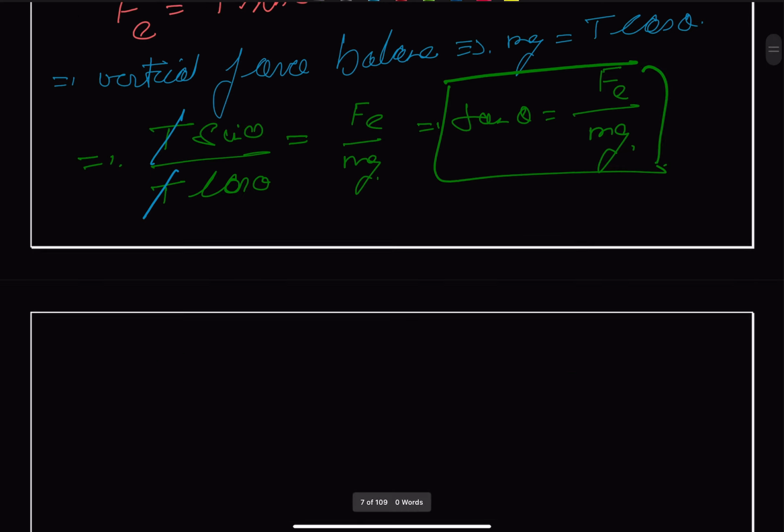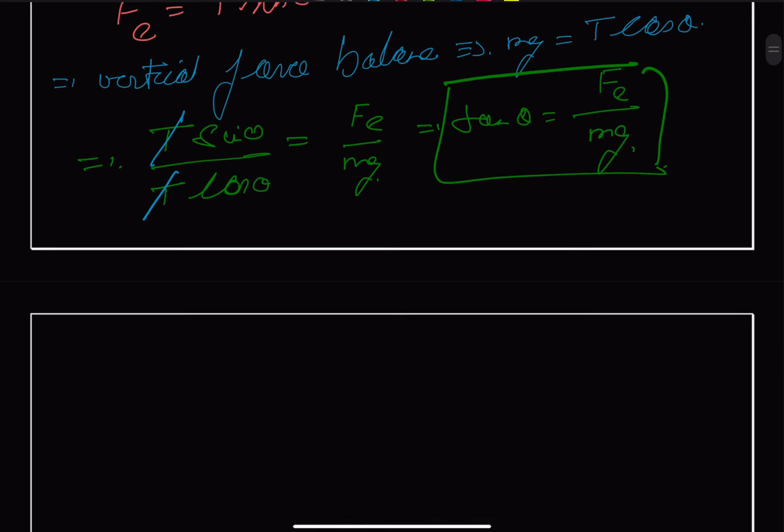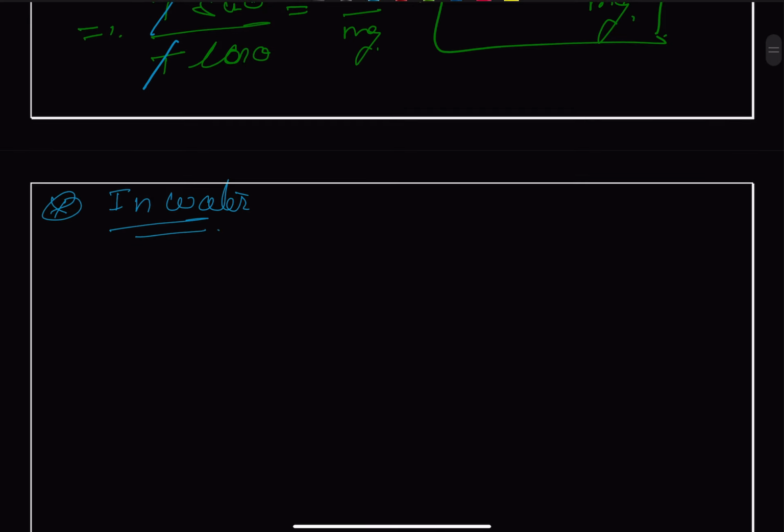Now we are going to find out in water. The buoyant force will be equal to the volume times the density of the liquid, that is water, multiplied by g.